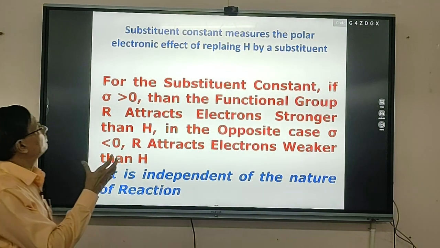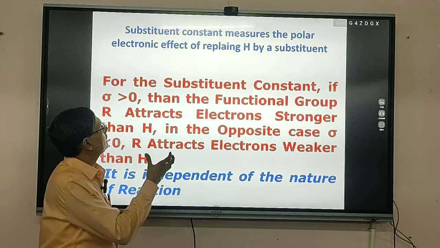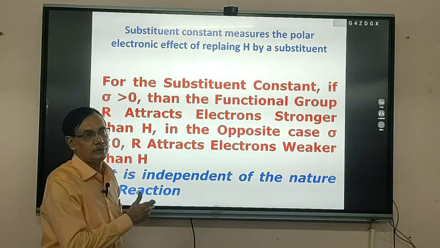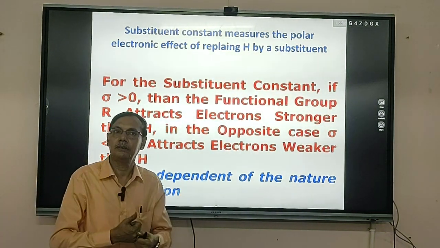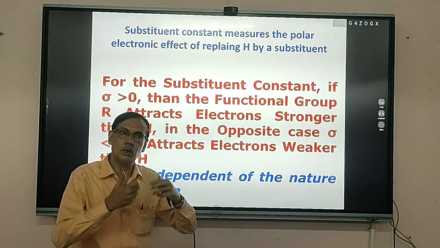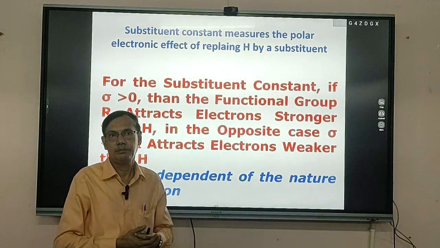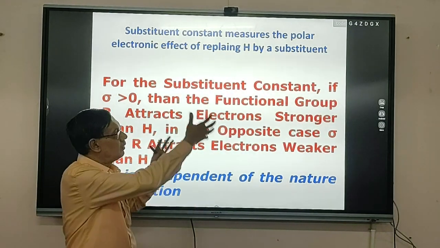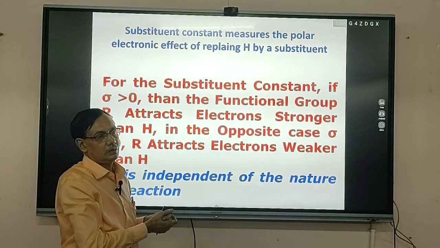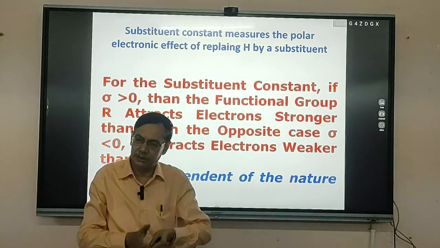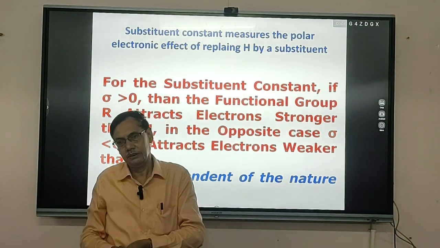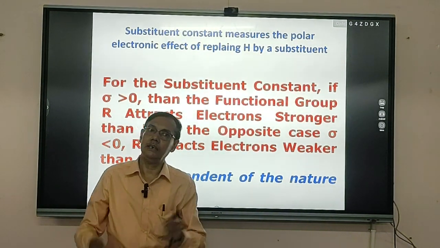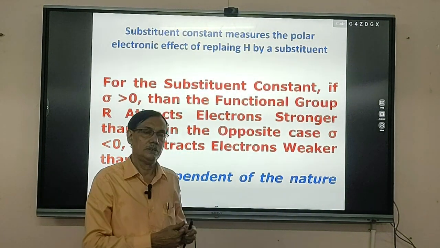Now actually, one of the limitations of the Hammett equation is that it is unable to separate the polar effect, sometimes called the electronic effect, the steric effect and the resonance effect, because it is purely organic chemistry. Separation of the polar effect, steric effect and resonance effect cannot be studied by the Hammett equation.